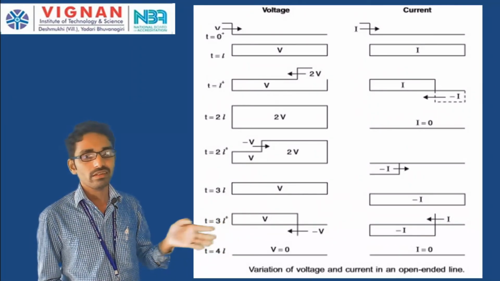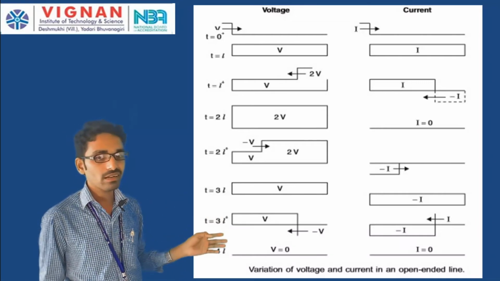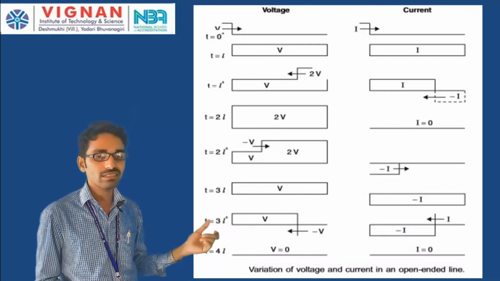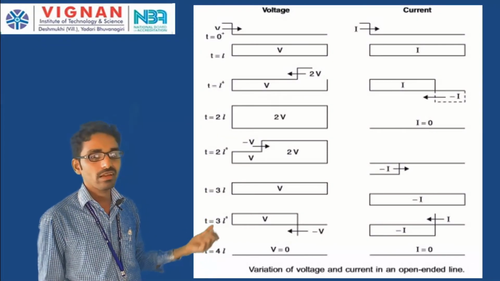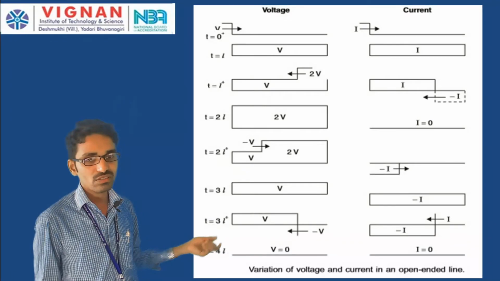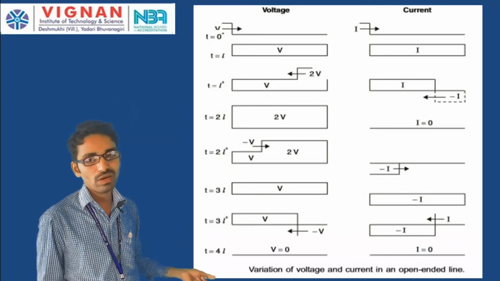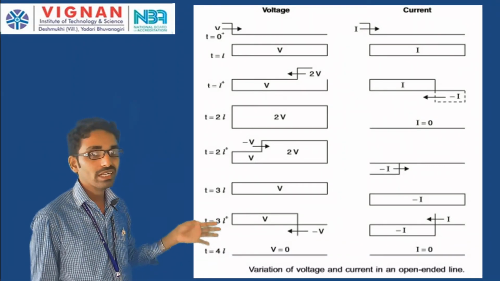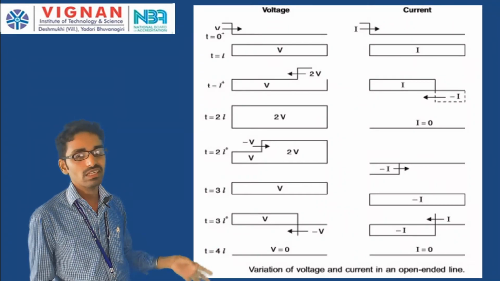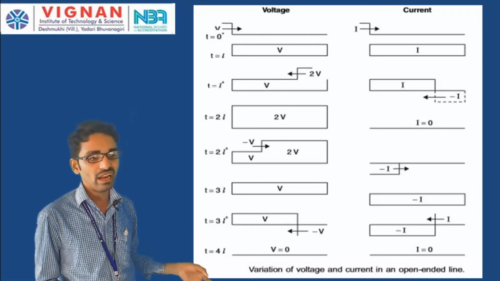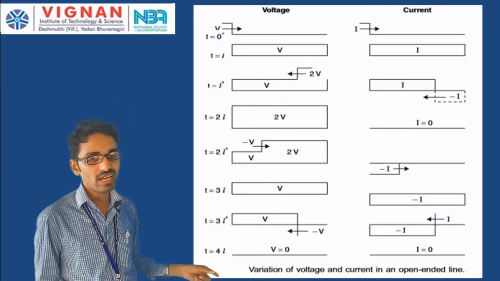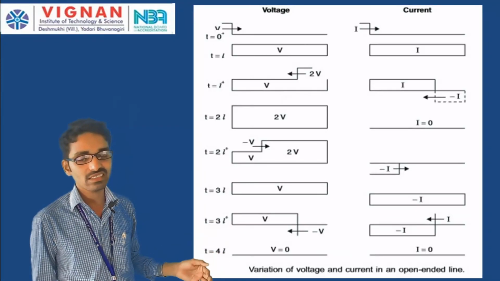Here the current wave is also reflected back with minus I, and minus I means plus, so plus I is reflected back. So at t equal to 4L, the voltage is 0 and the current is 0. That means voltage and current waves become 0 after reaching 4L.